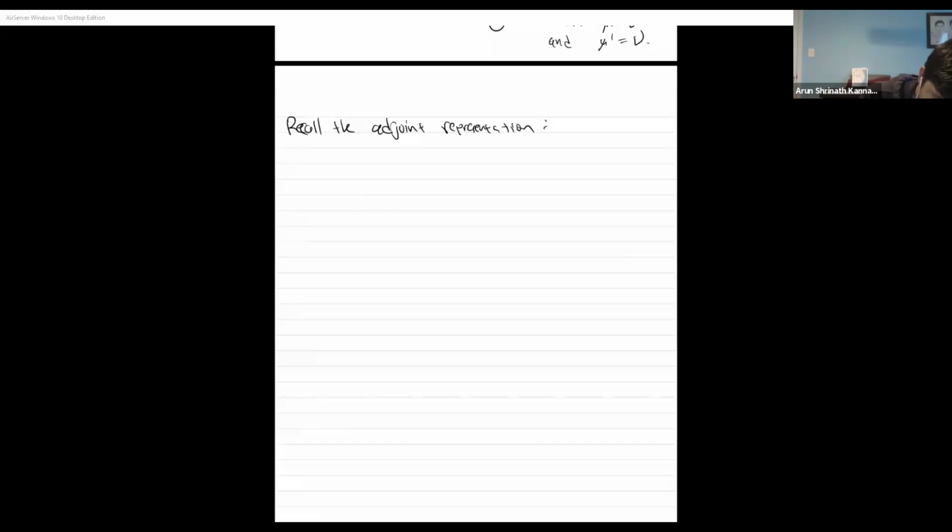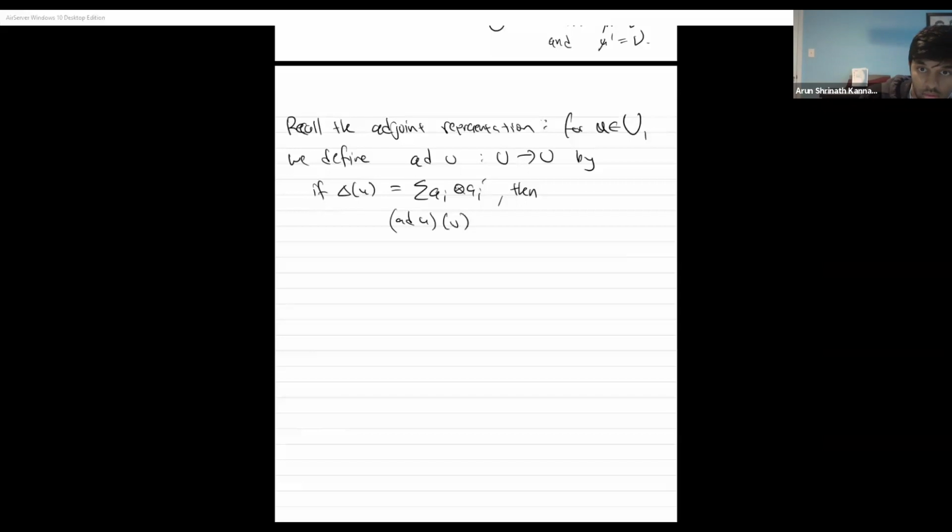So for u in U, we define the linear map ad u from U to U by: if delta of u, the co-multiplication in Sweedler notation, is a_i tensor a_i prime, then ad u on some v in U is equal to a_i v S, the antipode applied to a_i prime.